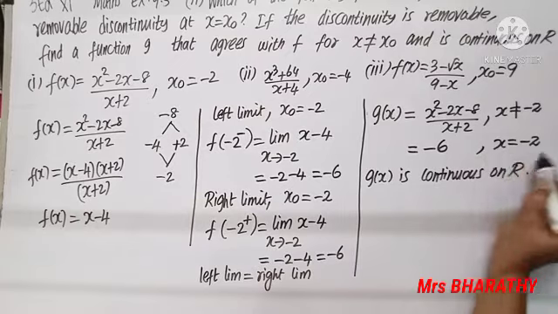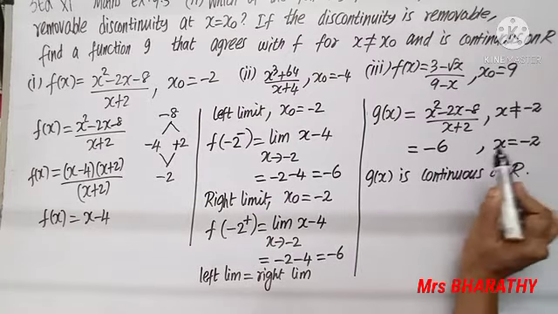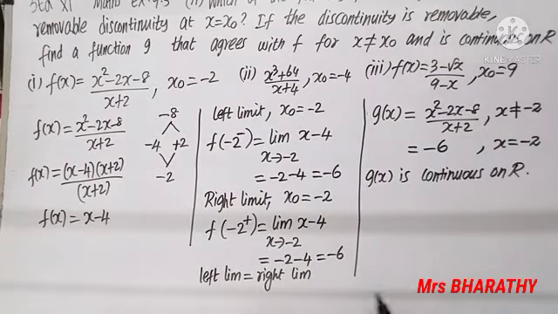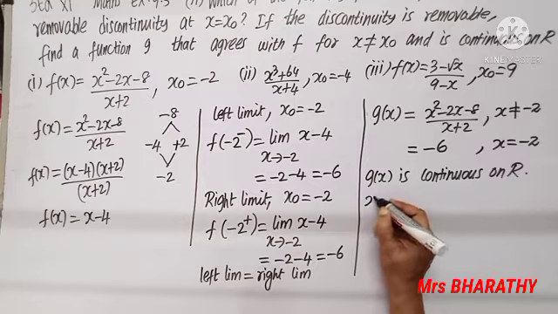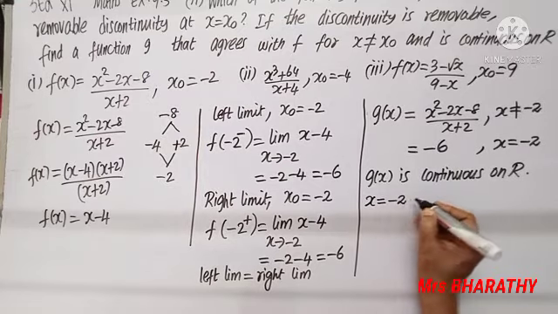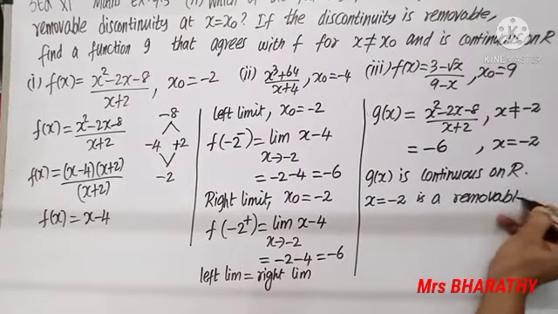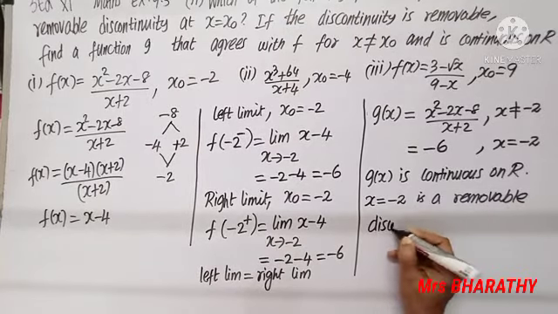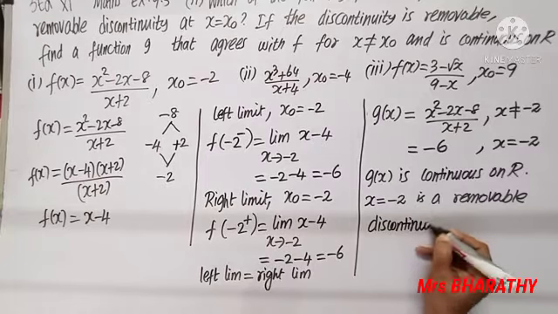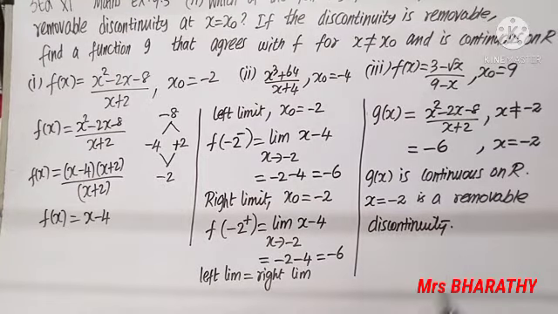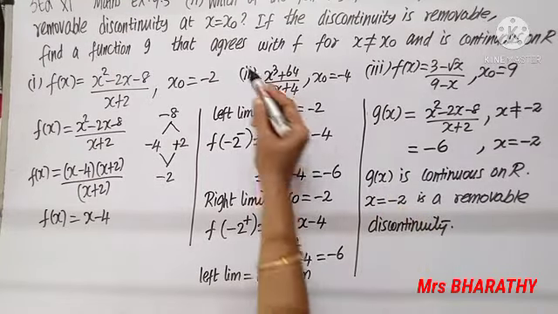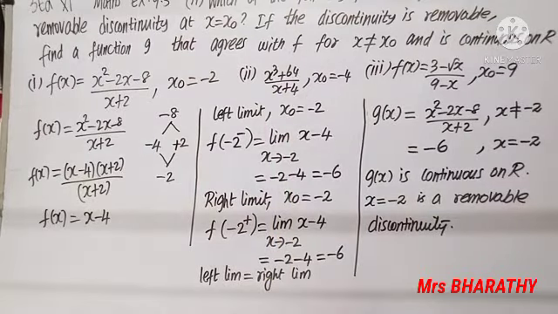So only at that point assume the limit value. So such a thing we call removable discontinuity. So here x is equal to -2 is a removable discontinuity. And we have redefined g of x, that which agrees with f.